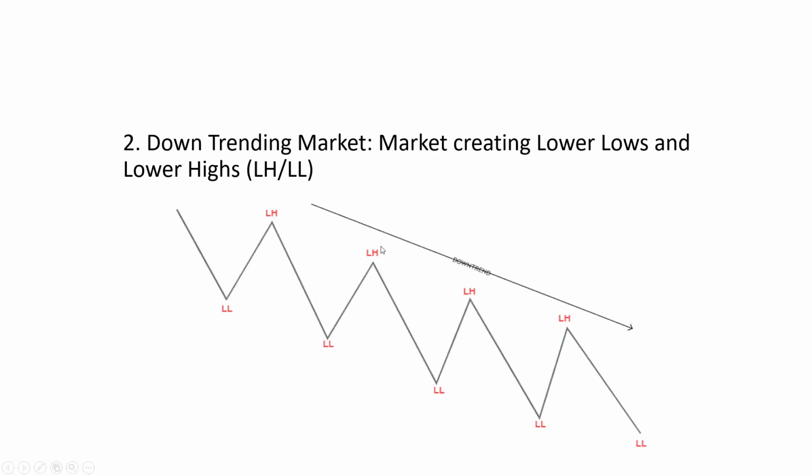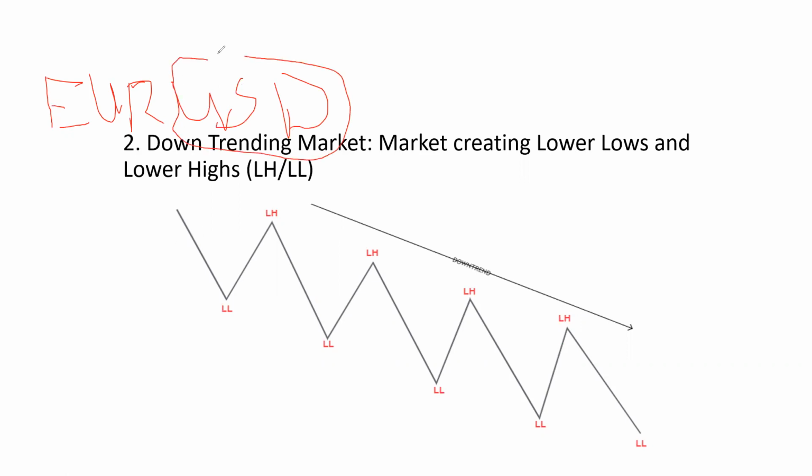The second one is a downtrend. A downtrend means if, for example, this was Euro USD, then USD, being the quote currency, was appreciating in value against Euro, and Euro was depreciating at this moment.